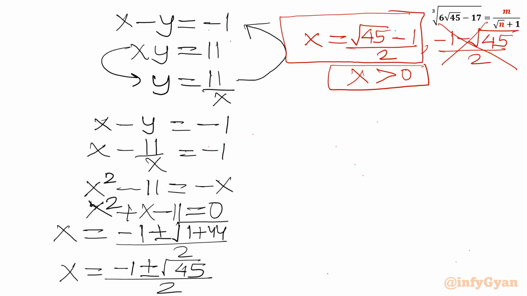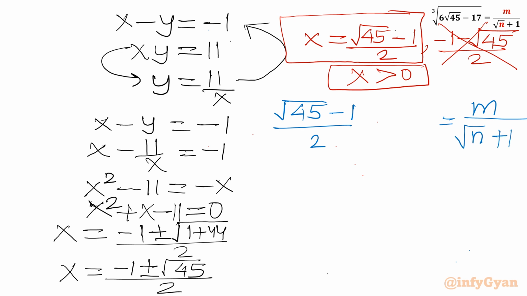Now we have to find out the m and n values. So let me write in that form. Left hand side I will be writing (root 45 minus 1) over 2. And RHS it is equal to m over (square root n plus 1). This was x.